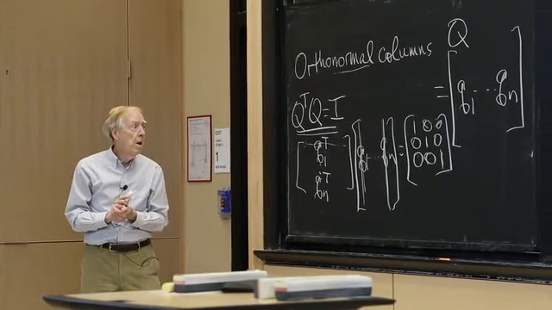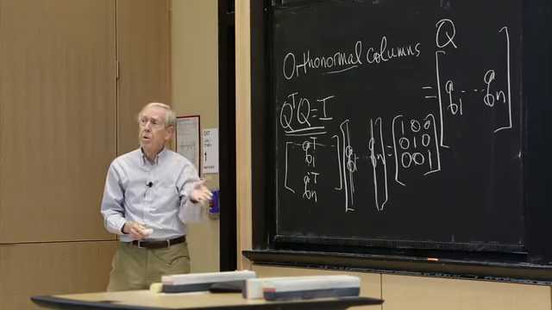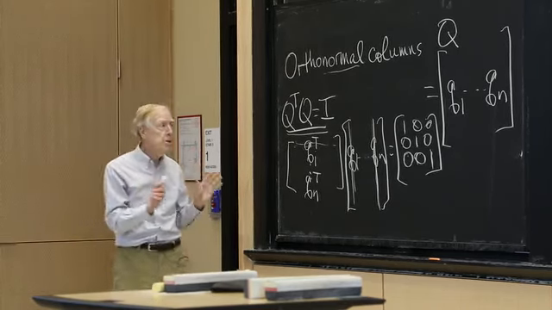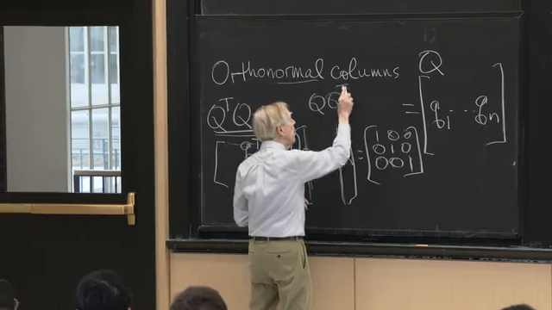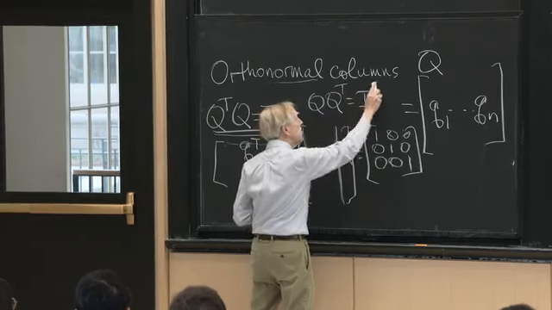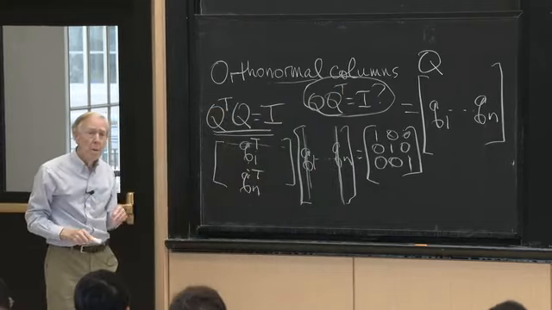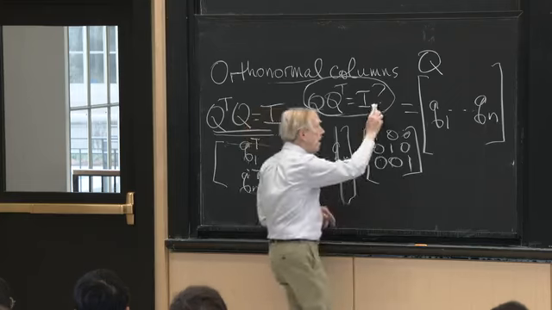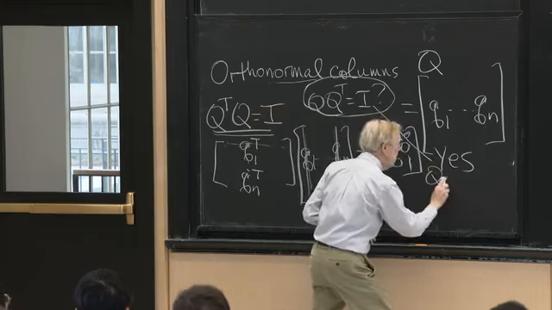Now, does that mean that in the other order, Q Q transpose, is that the identity? So that's a question to think about. Is Q Q transpose equal to the identity? Sometimes yes, sometimes no. Easy to tell which. The answer is yes when Q is square.